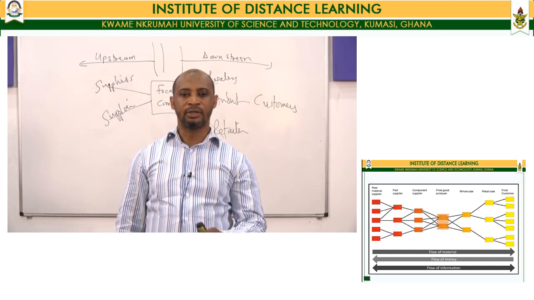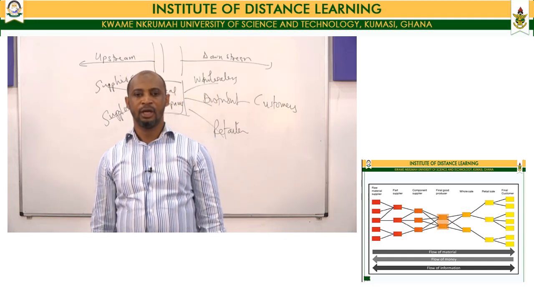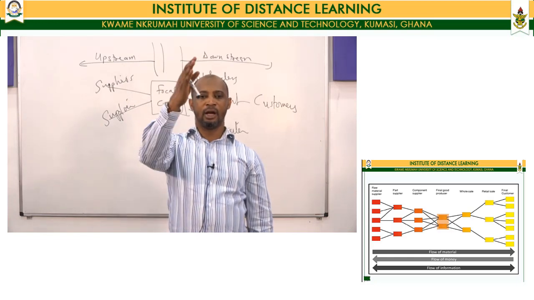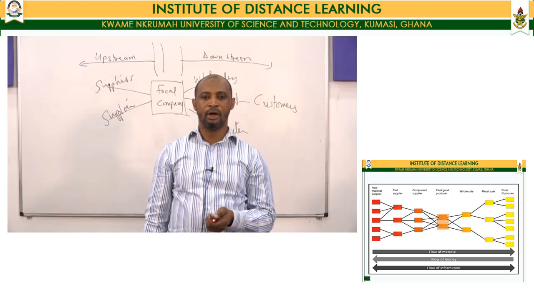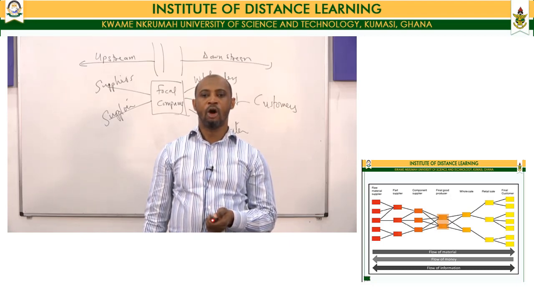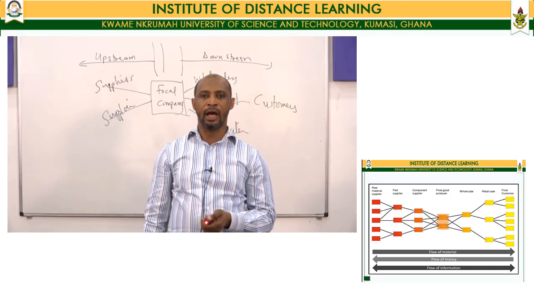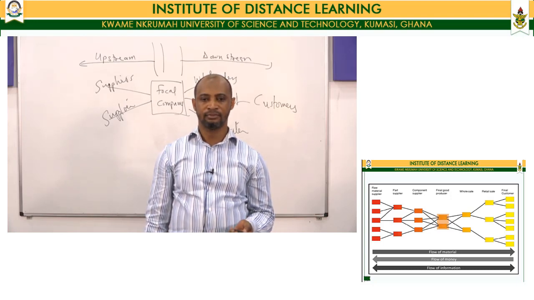So you can see a typical example of a supply chain, and the final good producer is the focal firm, this one, in the orange color. All those in the yellow color are in the downstream, and those in the red or pink color are in the upstream.